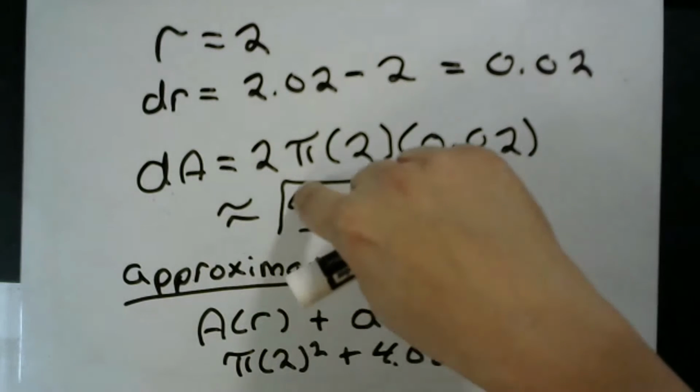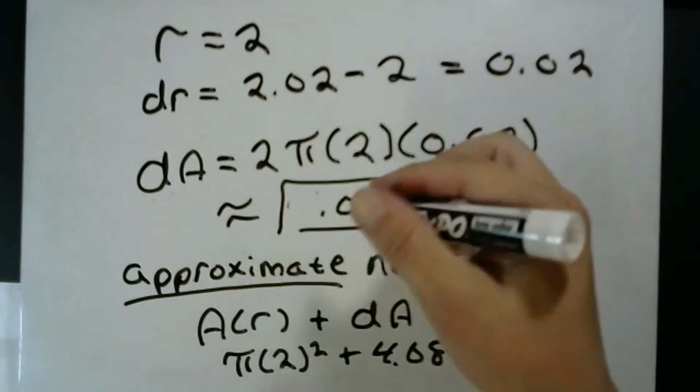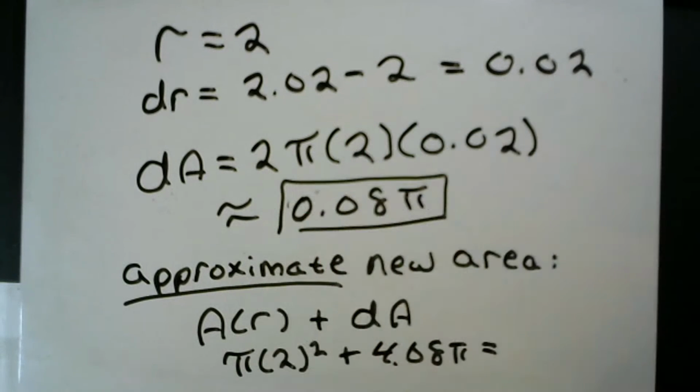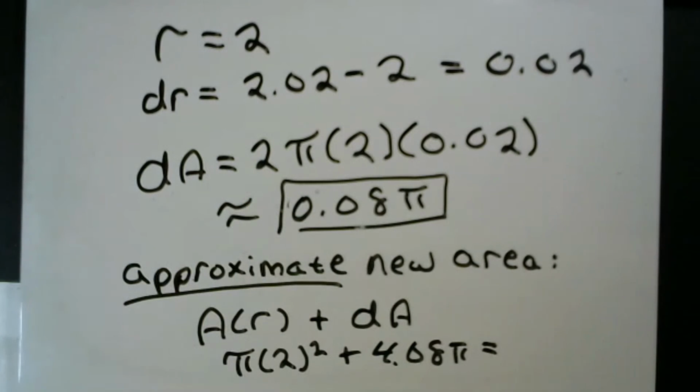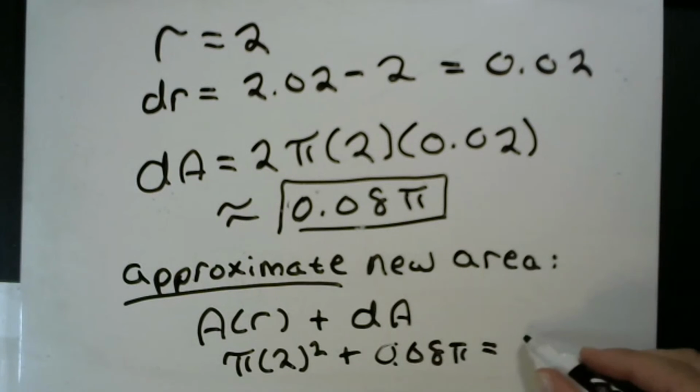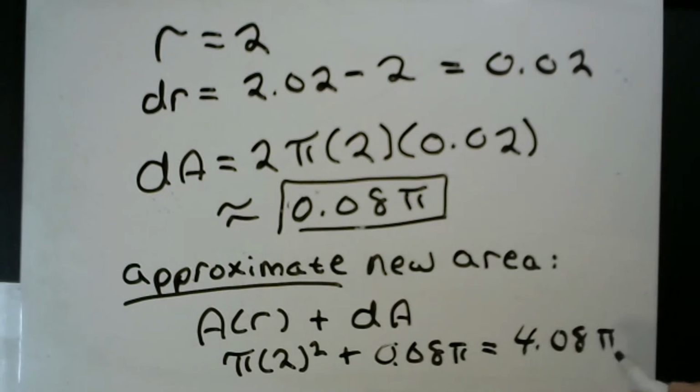Oh, I'm sorry. This is 0 point. My apologies. Take a second to update your notes there. That's 0.08 pi, or 8/100ths times pi. And then for this one here, let me change this. This is where we get the 4.08 pi.